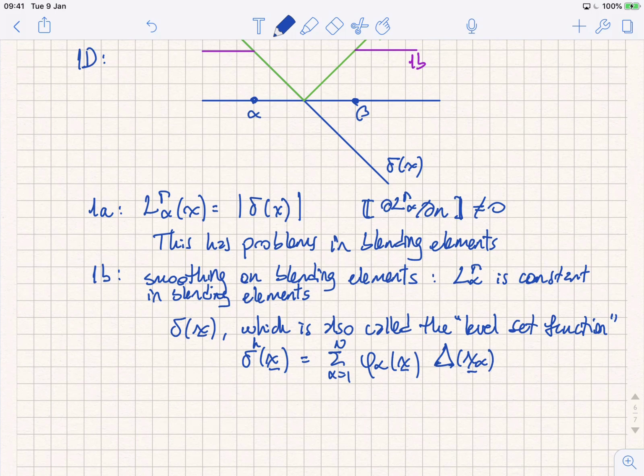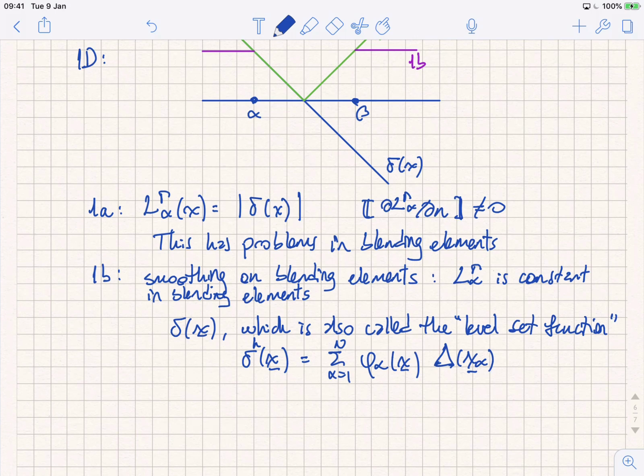And I'm just using the finite element partition of unity of my background discretization to do the interpolation. Yeah? So you see now I have a discretized level set function. It's not exact anymore, but I just compute at some points in the mesh, and I'm using the finite element shape functions to provide interpolation of values. Okay?